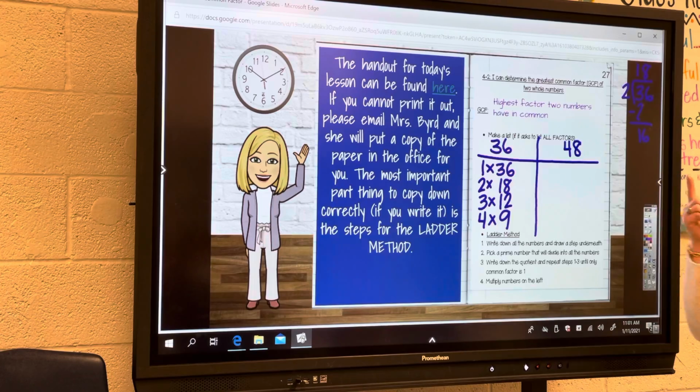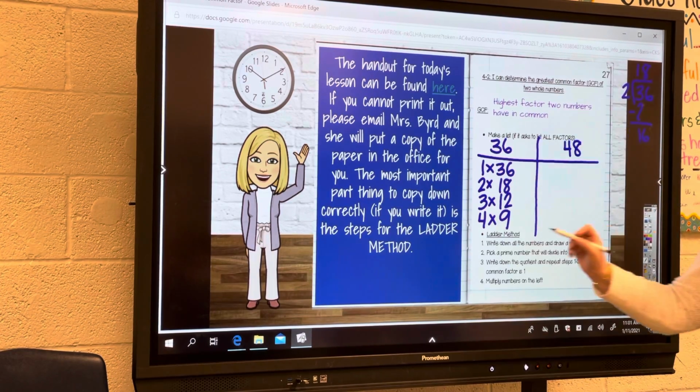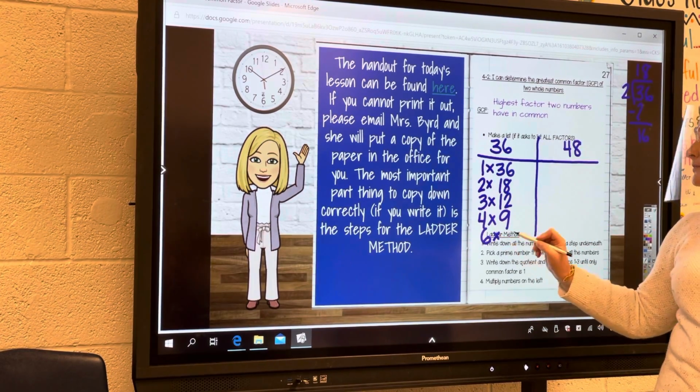It doesn't end in 5 or 0, so it can't be a 5. 6 times 6.